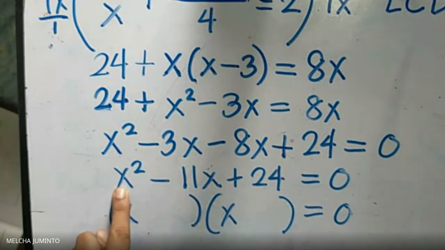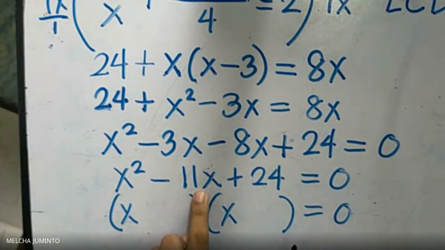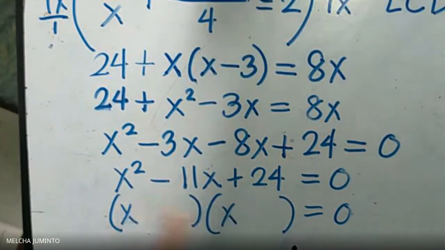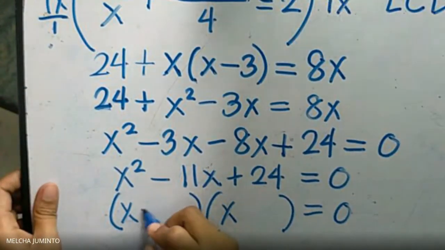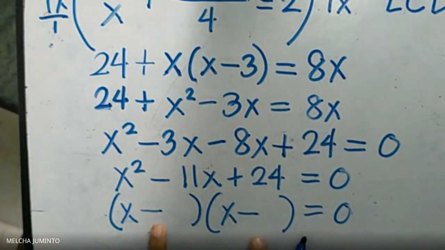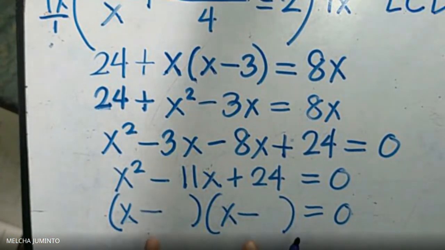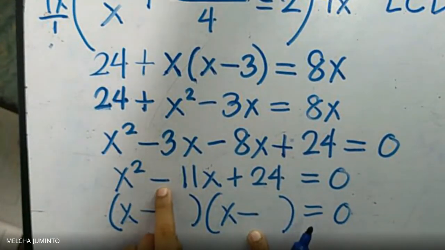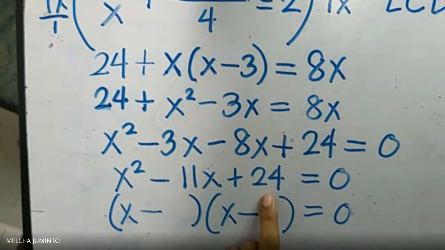The first term x squared is positive. The second term is negative. The third term is positive. If the case is like that, always remember that both factors should be negative. To get negative times negative, positive. Negative plus negative, negative. Think of two numbers. When you multiply, the product is 24. Once you add, the sum is 11.